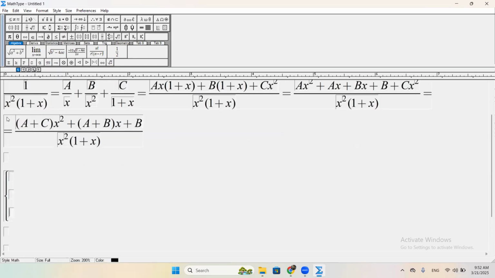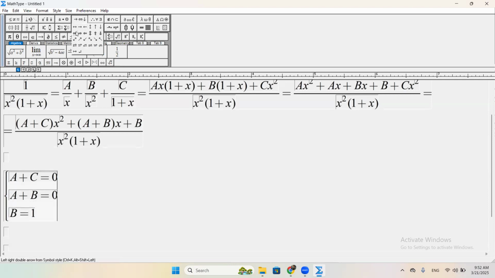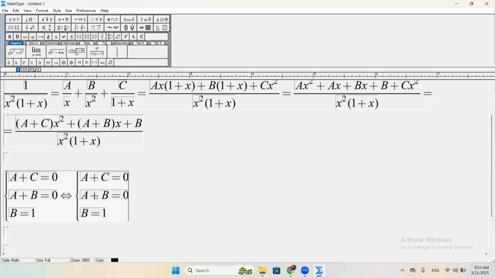It's quite simple. So a plus c equals 0, a plus b equals 0, and b equals 1. So a equals -1, then c equals 1.